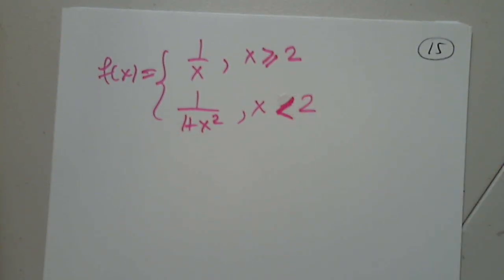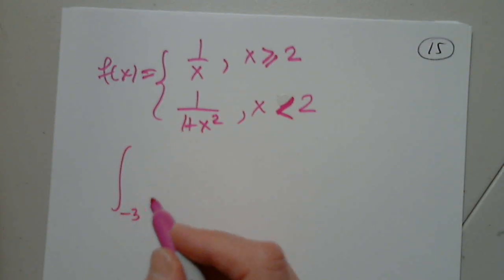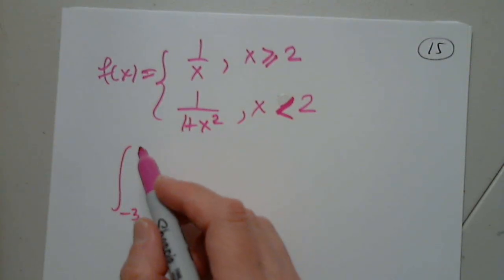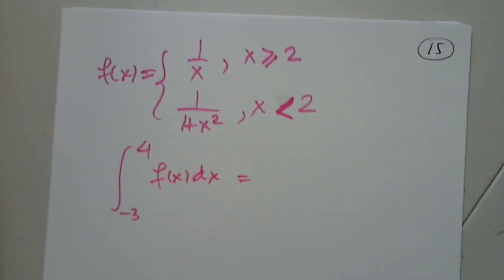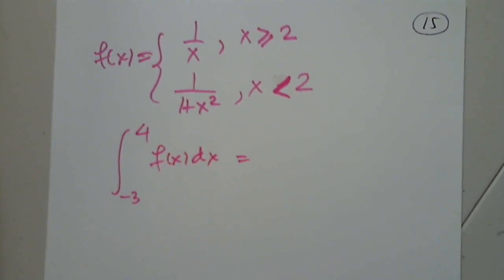And let's say we're asked to find the integral from -3 to 4 of f of x dx. How do we write this? This is one of the properties of the definite integral.